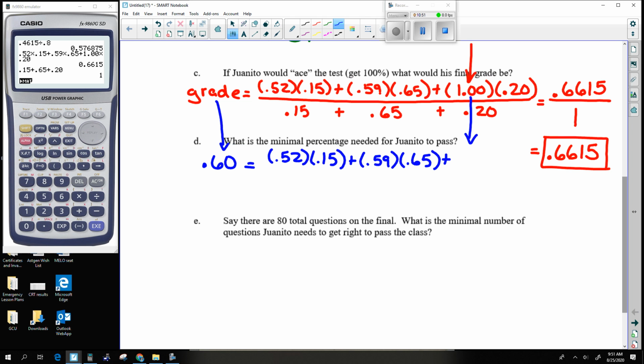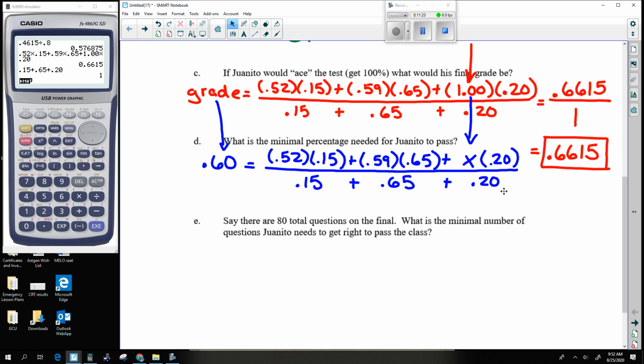Okay, here's that other change. Instead of saying that Juanito is going to get 100%, we're going to leave it as a variable, x. All right, so that is now our working formula.